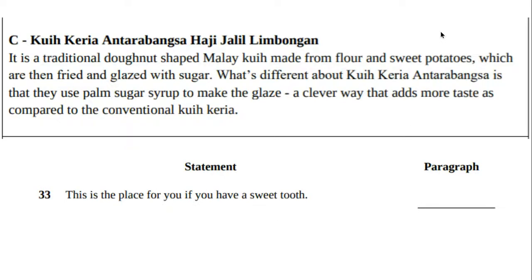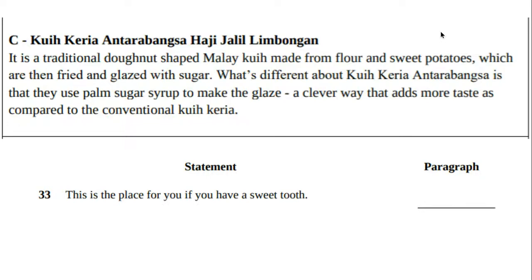Now, I actually put the answer already, it is paragraph C, but why paragraph C? When we are talking about sweet tooth here, it means love eating sweet food. Kueh Korea, if you know, Kueh Korea is actually a sweet food. But in case you didn't know about Kueh Korea, let's read the paragraph.